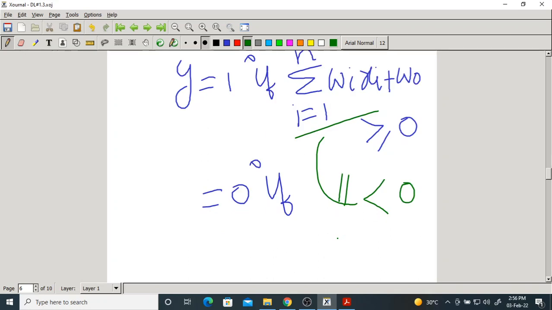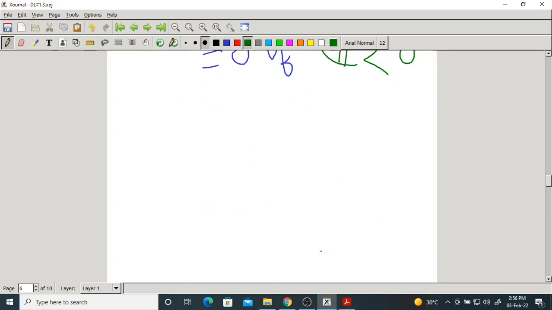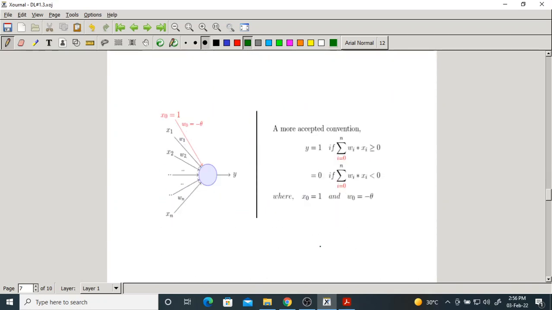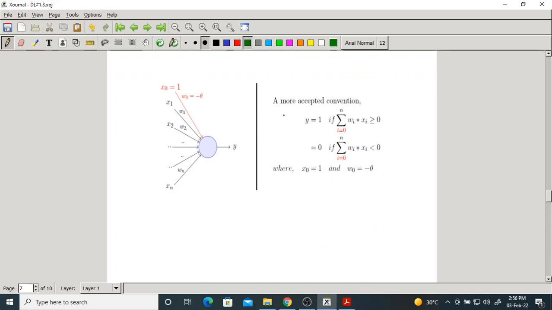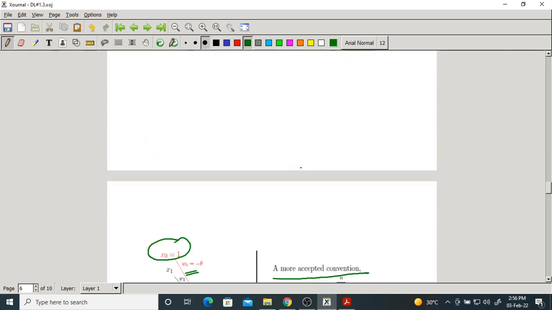Now, a more accepted convention is something like this. I have taken one more input, x naught, that is always 1, and the weight of x naught is omega naught, which is minus theta. So the above equation can be written like this.